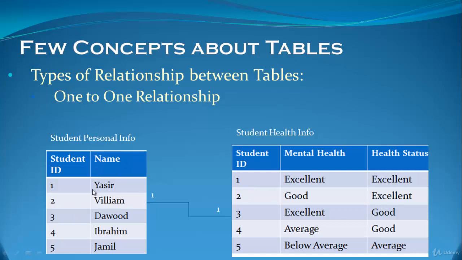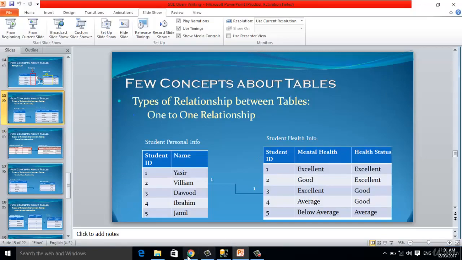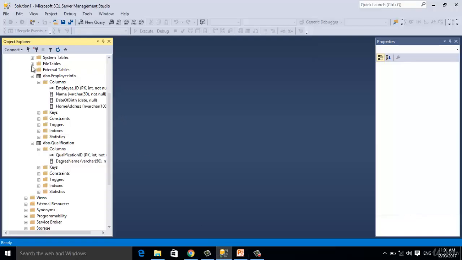To create the reference between both tables, we add the ID of one table in another table. In our example, we added the student ID in table 1 and in table 2.